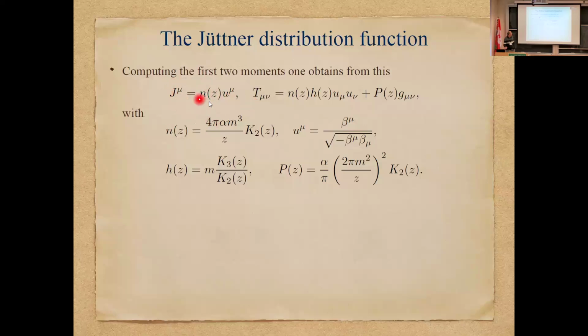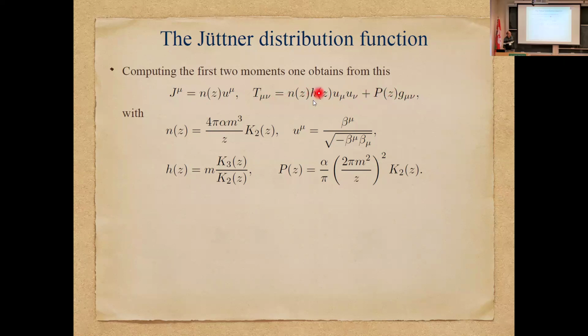So the current density you can always write as a 4-vector which is normalized and time-like, times the quantity n, which is the particle density. And if you write down T^{mu nu}, you will find it has a u u component and then a component proportional to g^{mu nu}.